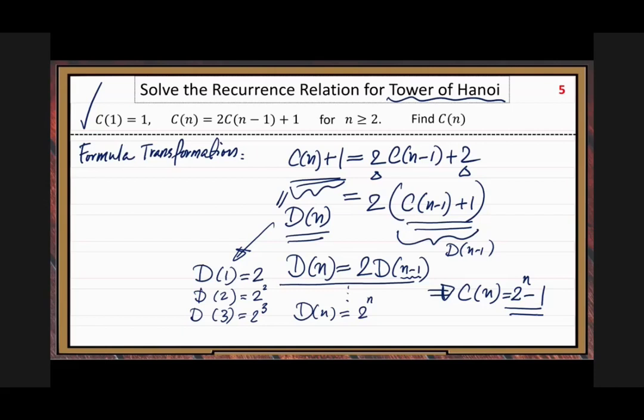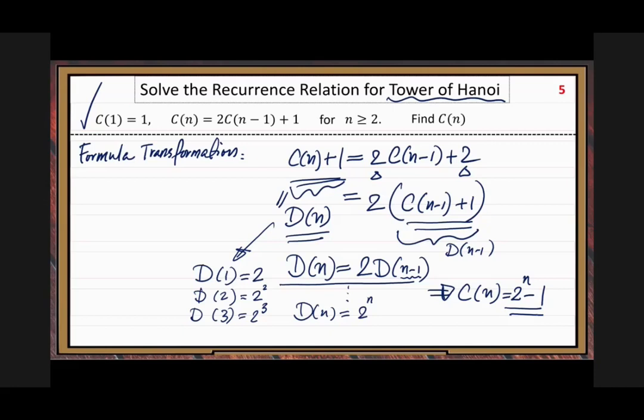Remember, this is for the Tower of Hanoi problem. How many disk moves do we need in order to solve the n disk Tower of Hanoi problem? The answer is 2 to the n minus 1, the formula.